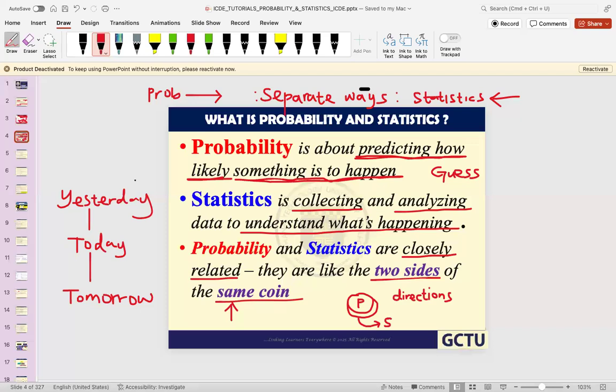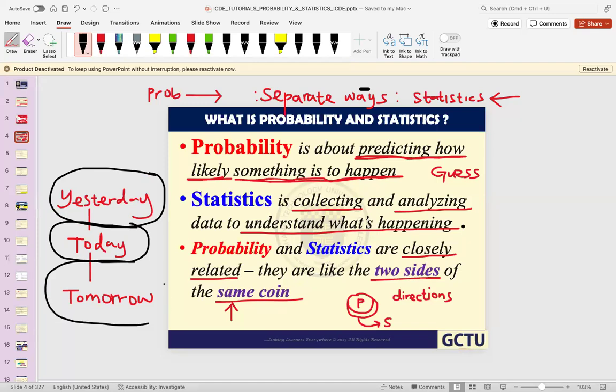So I can say that yesterday is closely related to today. And then today is also closely related to tomorrow. Where is the close relationship? This is what we all know.